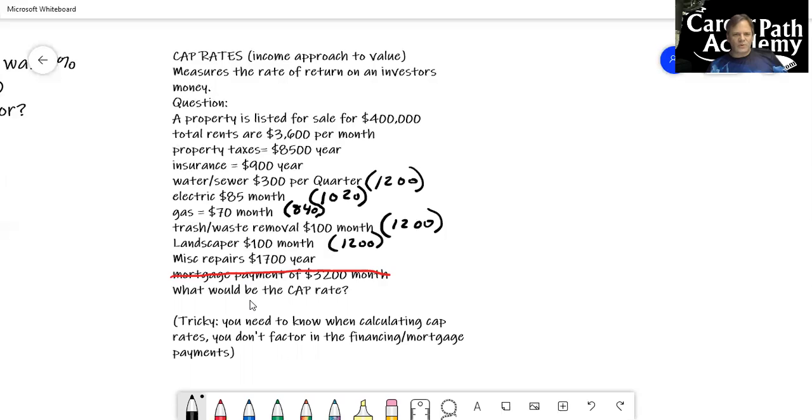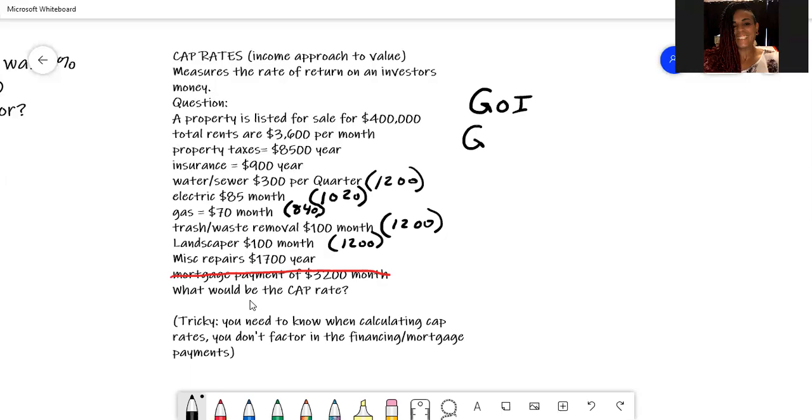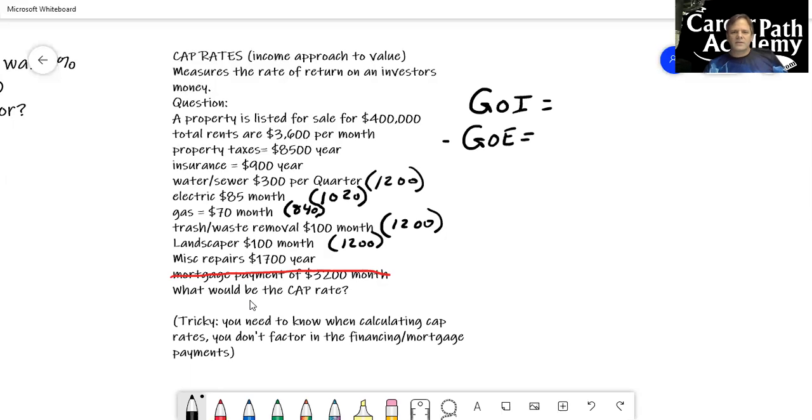Now the question is, what would the cap rate be? Well, let's add all of this up. We first need to figure out our GOI. Then we calculate our GOE. Subtract GOE from GOI, and you're left with the NOI, right?